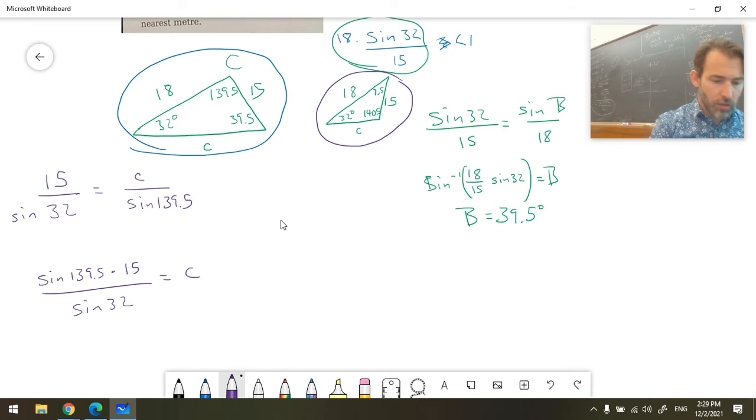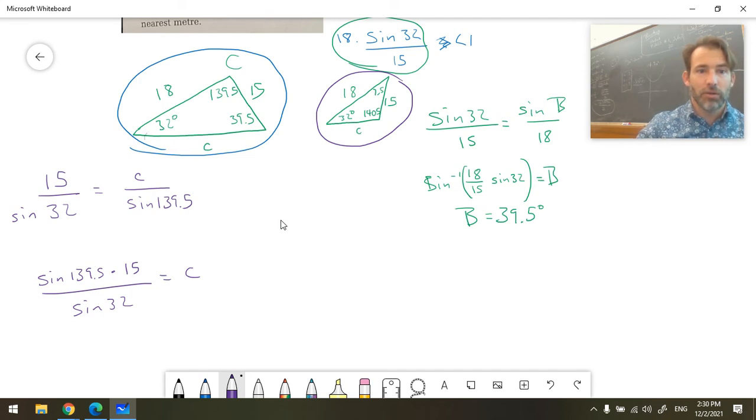Sine 139.5 multiplied by 15 equals 9.74. Divided by sine of 32 equals 18.4. Oh, I forgot to estimate again. This is 18.4.